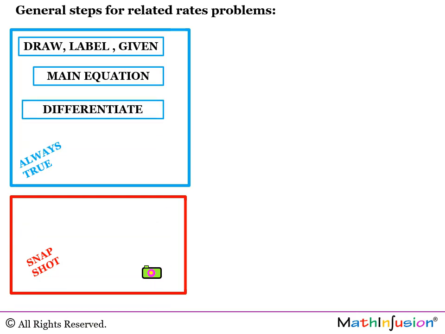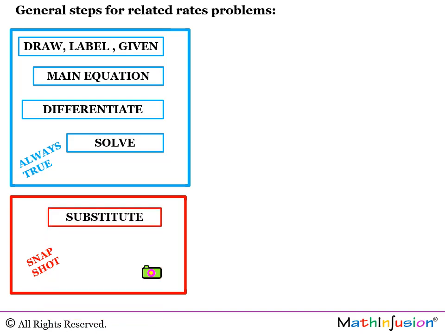Then we are going to differentiate, and don't forget to use the chain rule for all those amounts that are dependent on time. Not all amounts may be dependent on time, so please notice which ones are and which ones are not. If you want, you can solve now for what you want, like in the last problem we were solving for dr/dt.